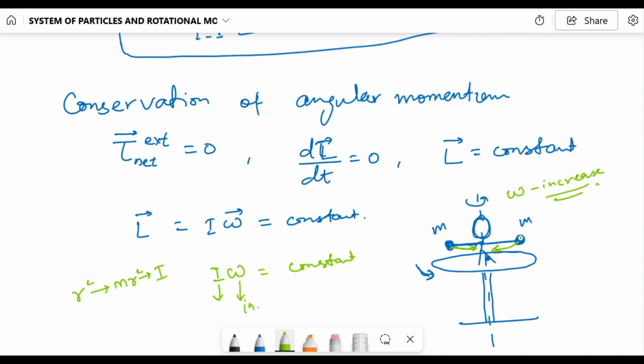This you might have observed. And once again, if you put the masses back to the original position, the angular velocity will again decrease back to the original. Okay, this is all for this video. So thank you.